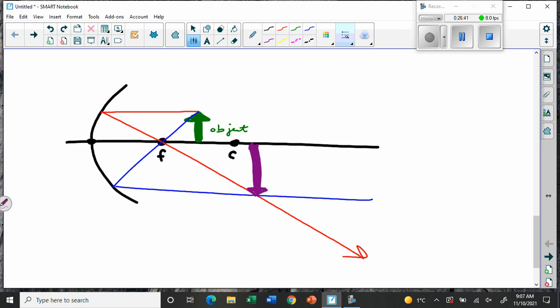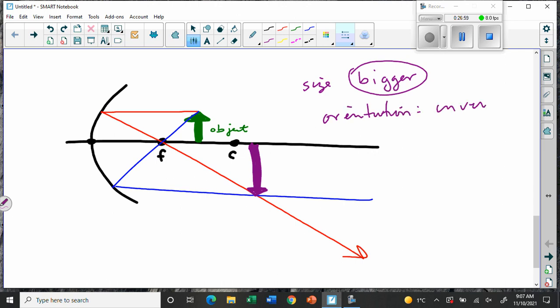So here the characteristics of the image are, and again, we can look at the different things. So we have the size or the magnification. Now it's bigger, right? That's the size. Bigger. The orientation is still inverted, upside down.